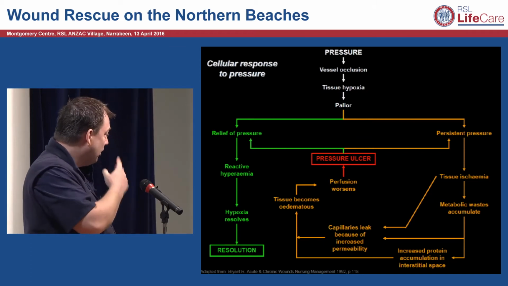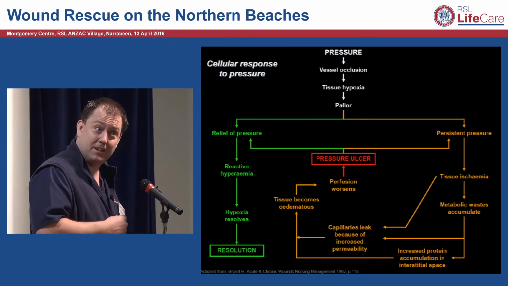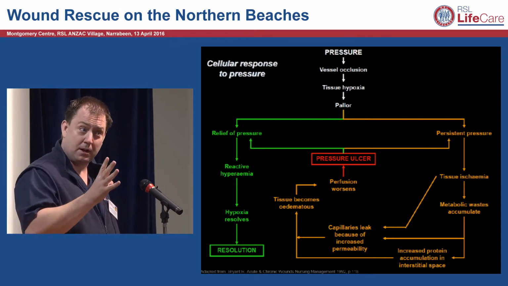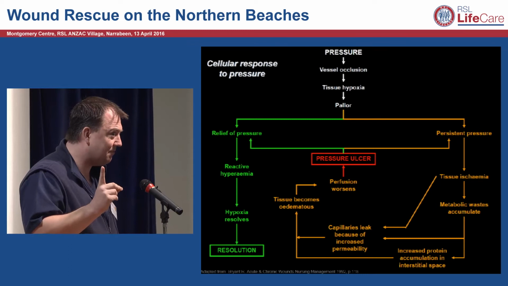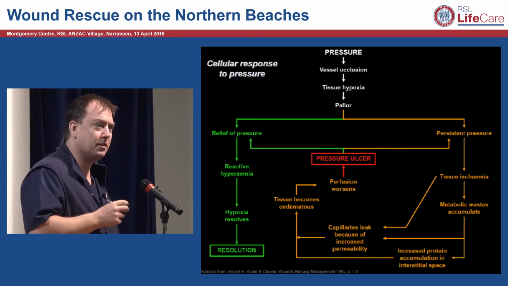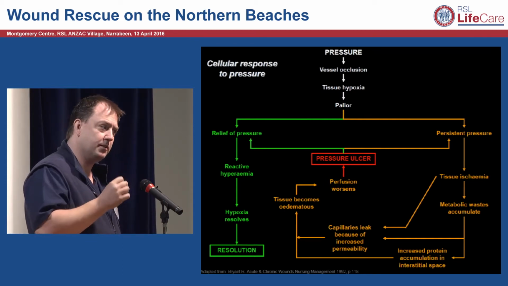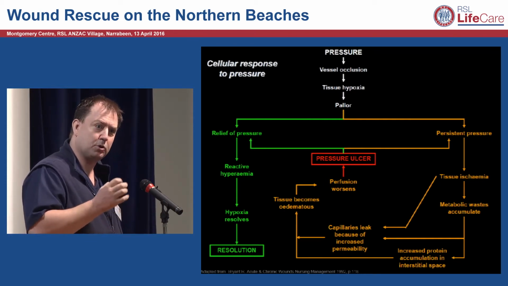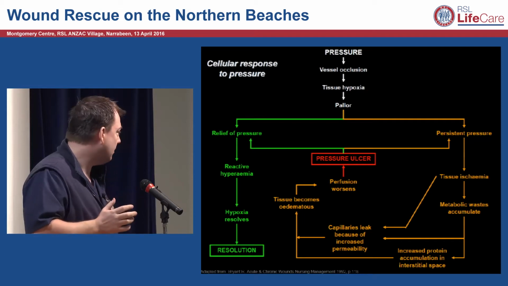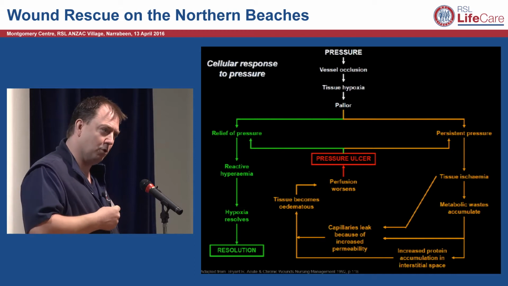You move, you relieve the pressure, you get a reactive hyperemia, so you get a red bum. You go from a white, pale bum to a red bum. That's not a pressure injury. Your reactive hyperemia will go away after 10 or 15 minutes. But often I see a reactive hyperemia written as a stage 1 pressure injury because people haven't waited. Hypoxia resolves, hurrah, your bum's back to normal.